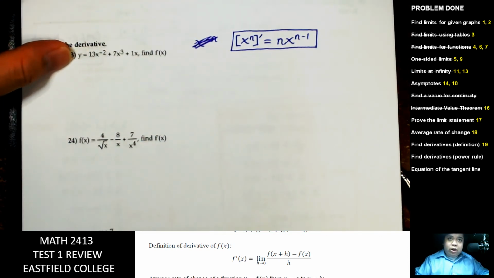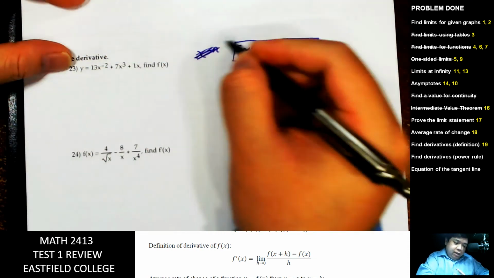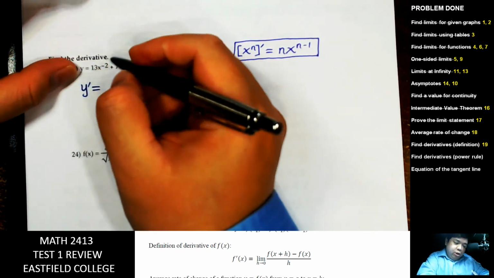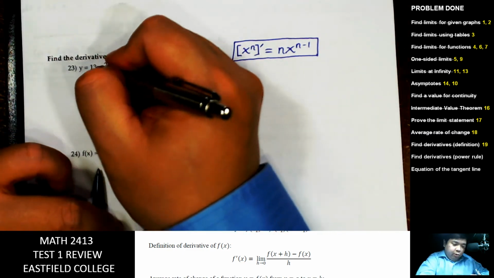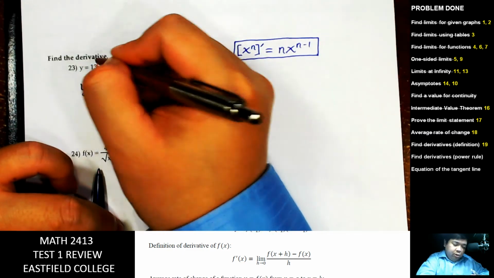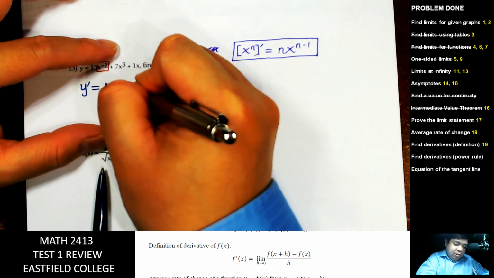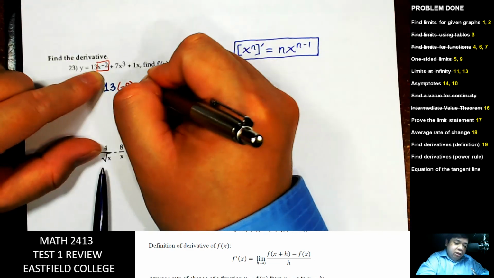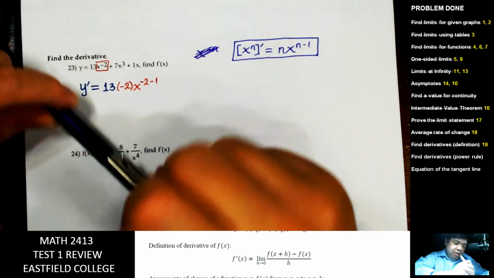So 23, we just apply the rule. We have derivative equal to, the numbers still stay the same. For the x to the negative 2, it's going to be negative 2 x to the negative 2 subtract 1, so that is the derivative.